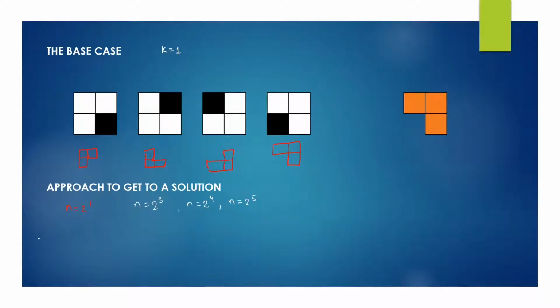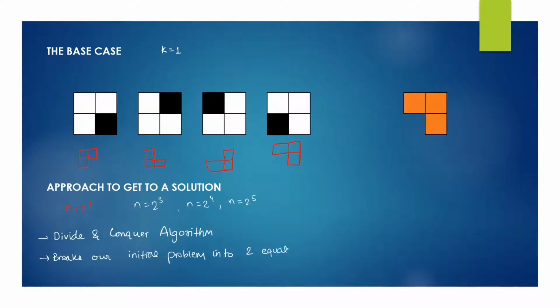So the approach that we are going to be using is something known as a divide and conquer algorithm. What this algorithm does is it breaks our initial problem into 2 equal subproblems.